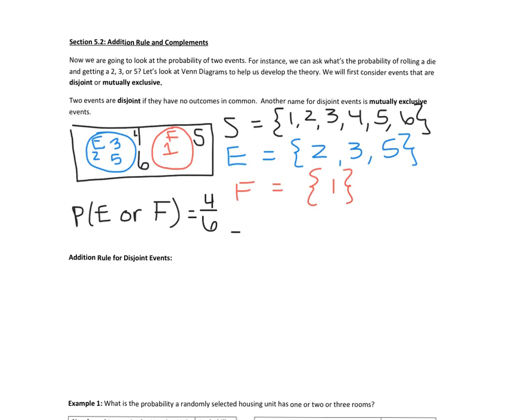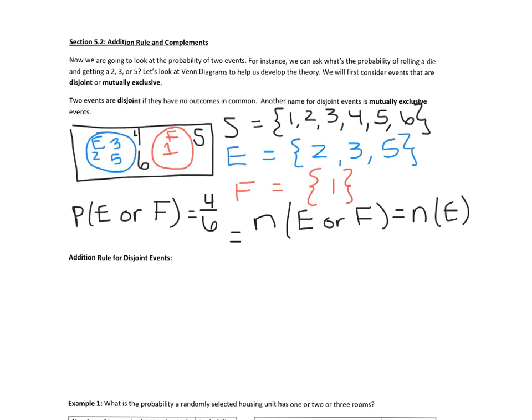Okay, and then how did we do that? So let's write a little bit down here. It was a counting game, right? When we count things up, we use the letter n. So we counted up the things in E or F, could be in one or the other. And how we did that is we counted them up individually.